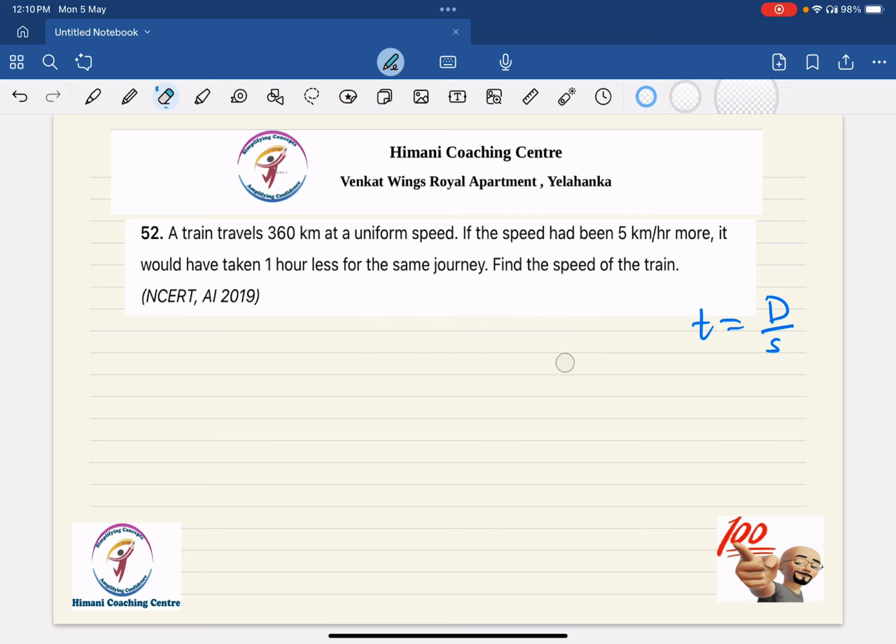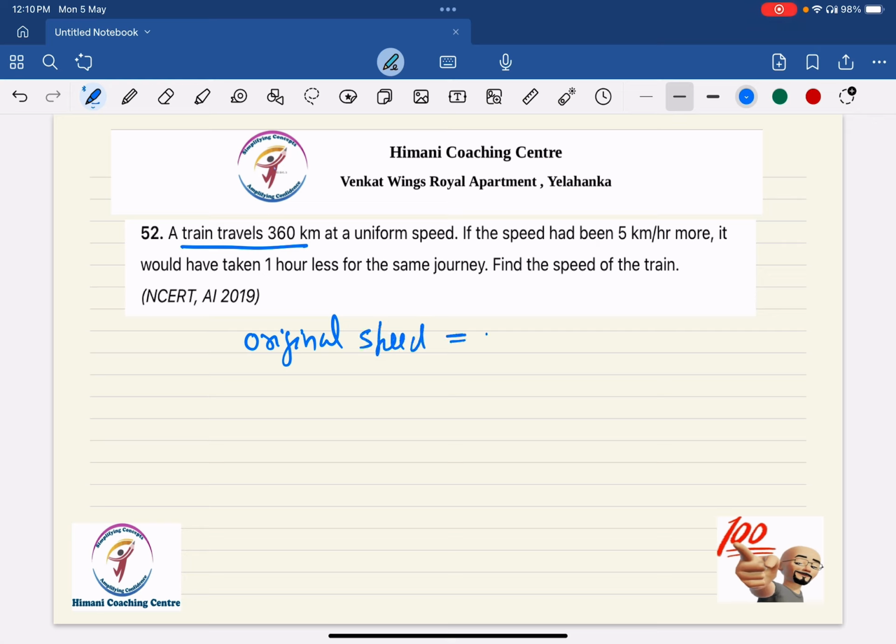Now let us go to the question and try doing this. So we will use the same concept. Let us assume that the original speed of the train is x kilometer per hour. Distance the train is traveling is given to us as 360 kilometer. So time taken, let us say t1, would be what? Distance, which is 360, divided by speed, which is x.